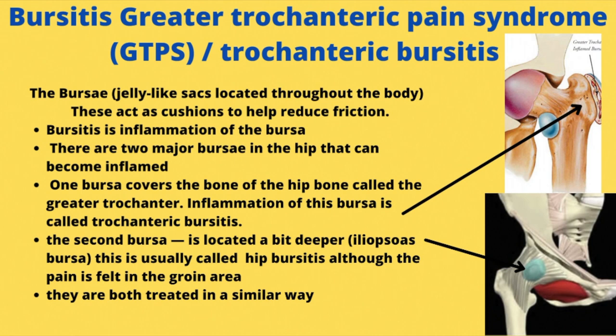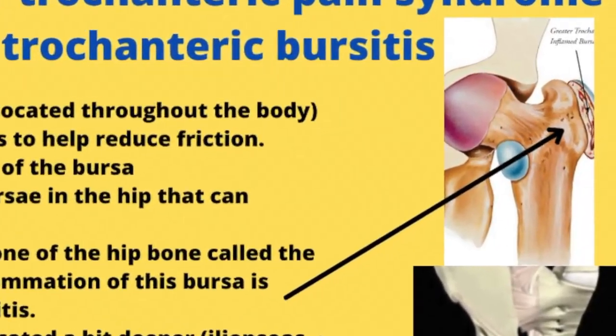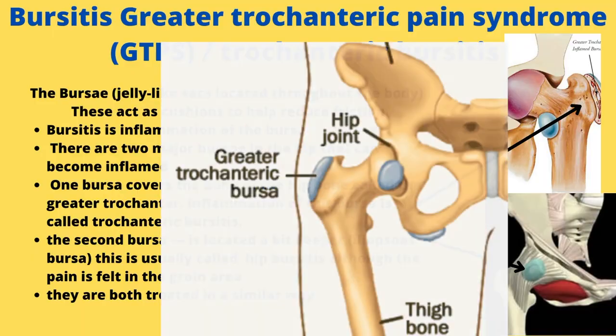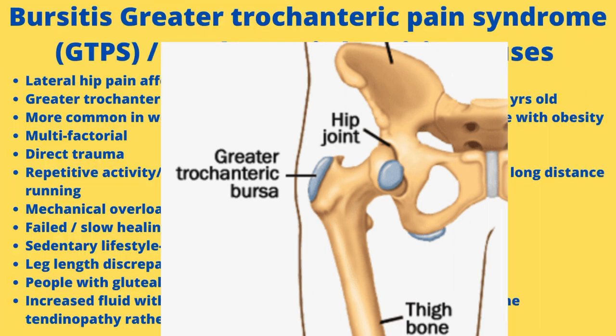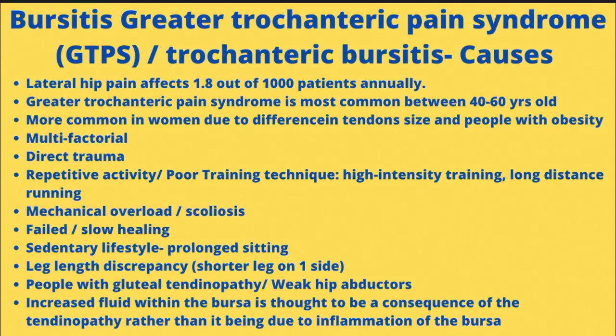And now let's move on to bursitis of the hips. There are usually two bursae, the greater trochanteric bursa and the iliopsoas bursa. Nevertheless, the greater trochanteric bursitis is definitely the most common of the two. Usually inflammation of these happens because of either trauma directly on the hip or a repetitive activity such as sports or a repetitive job.